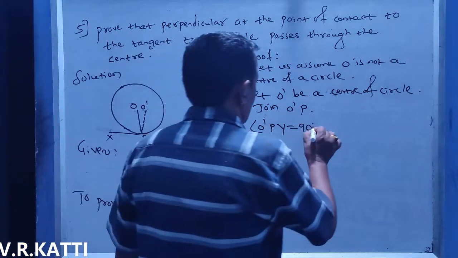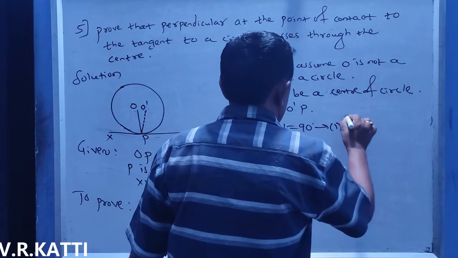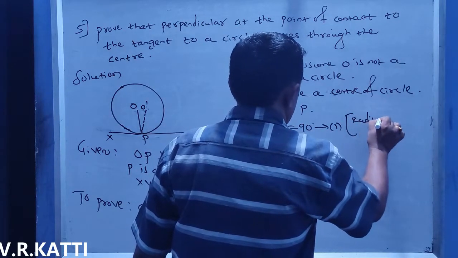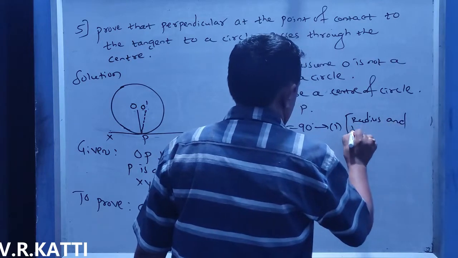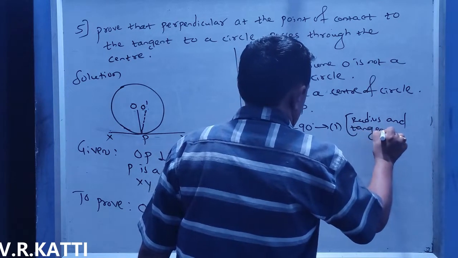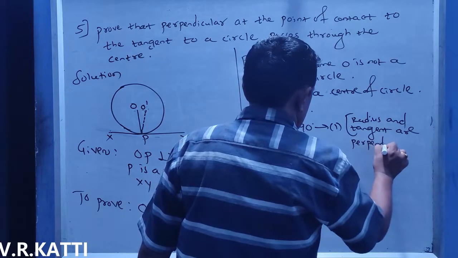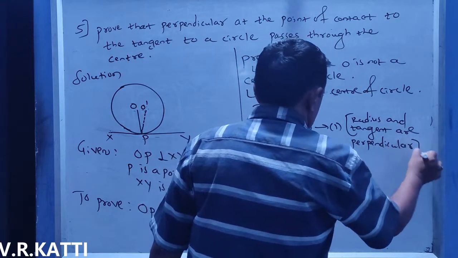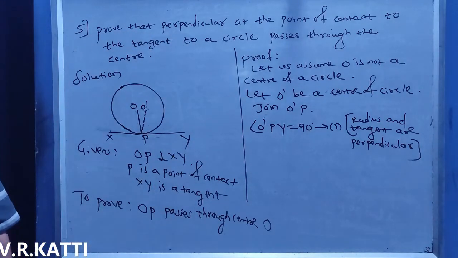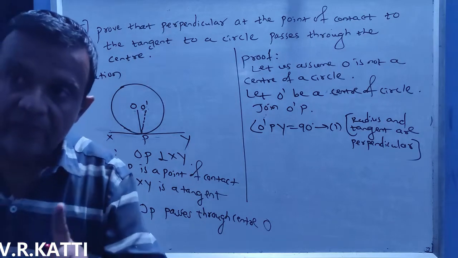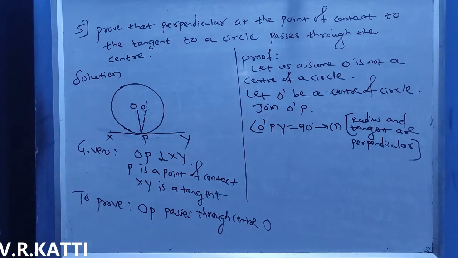Let it be 1. In brackets, radius and tangent are perpendicular at the point of contact. Yes, angle O dash PY is 90.